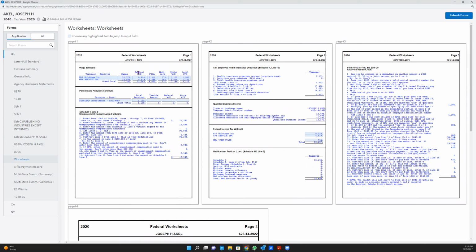It has federal withholding. There's going to be FICA withholding, Medicare, state, and local. Local, most of the time, is going to be for New York City and Philadelphia, but there could be other ones.